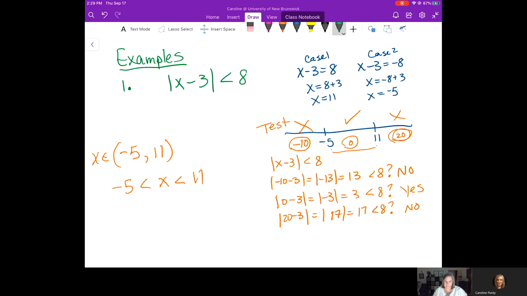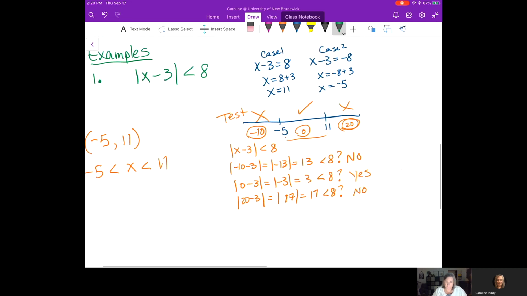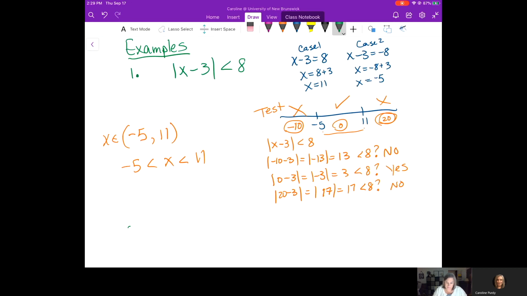Okay, let's do a second example. Actually, what if we had the same example, but we put a different sign, like greater than 8? Absolute value of x minus 3 is greater than or equal to 8. Well, I already know my two cases.